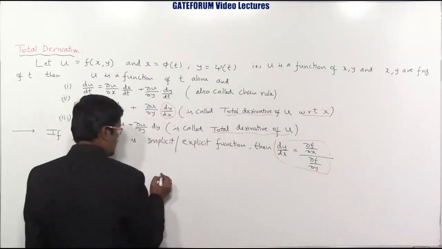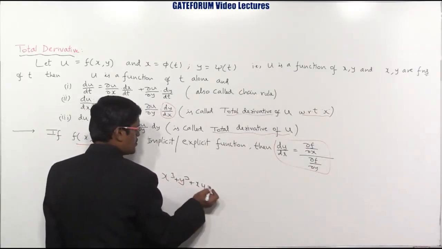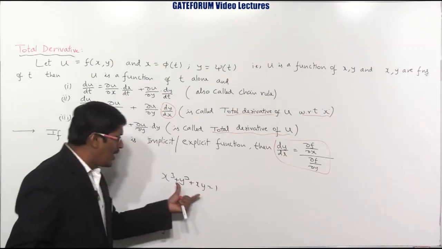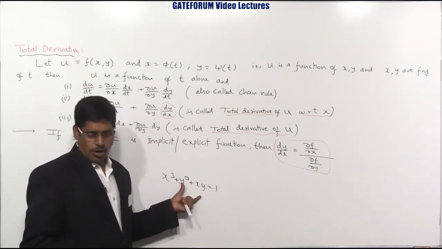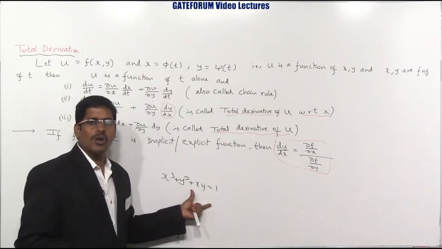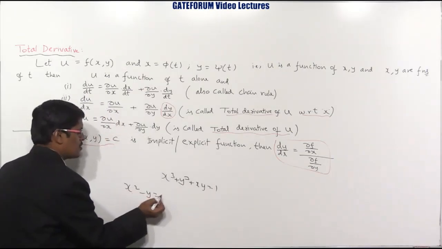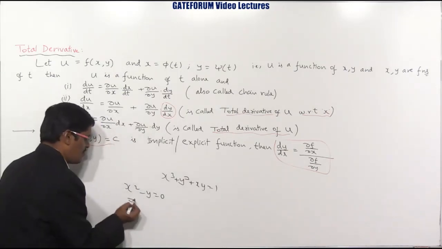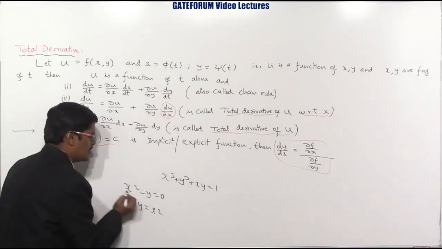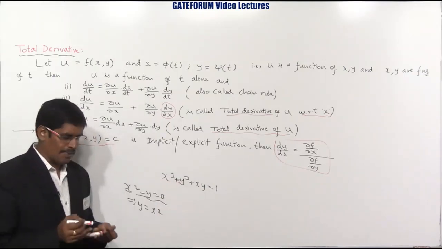For example, see, x cube plus y cube plus xy is equal to 1. Can you solve y value in terms of x? It's not possible here. So this example is called an implicit function. x square minus y is equal to 0. Can you find y value in terms of x? Yes. From this, y is equal to x square. So such a function of x comma y is called an explicit function. This is an implicit function.